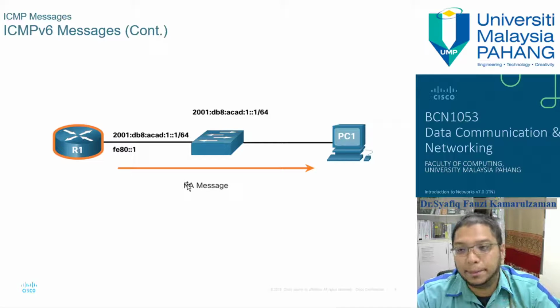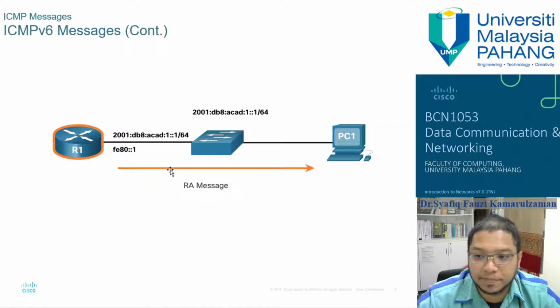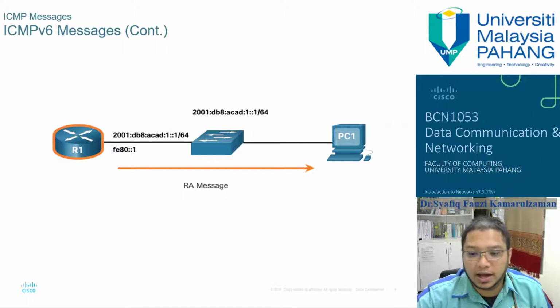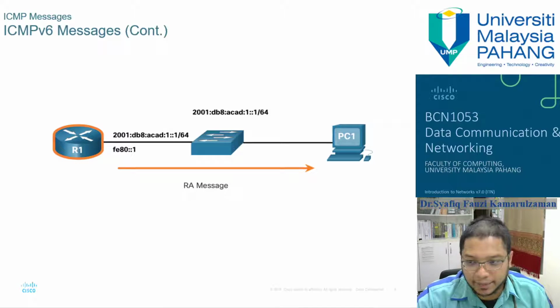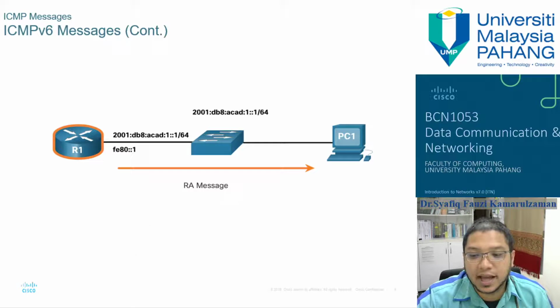So as an example, this is the case of ICMPv6. The RA message is sent by IPv6 enabled routers every 200 seconds to provide addressing information to IPv6 enabled hosts.